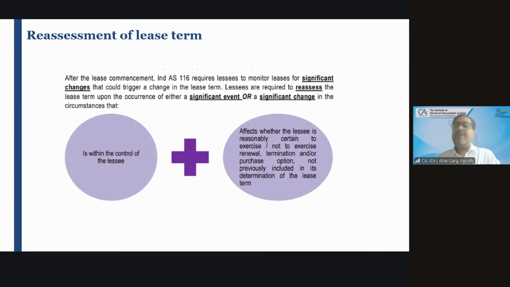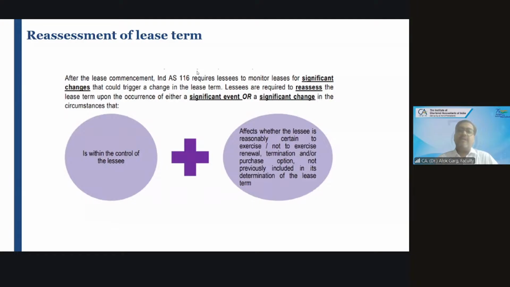Not to exercise the option. So in that case, if the lessee has a reasonable certainty not to avail the termination option, that period is also going to be considered in the lease term. Right. Okay. Right, sir. Thank you.